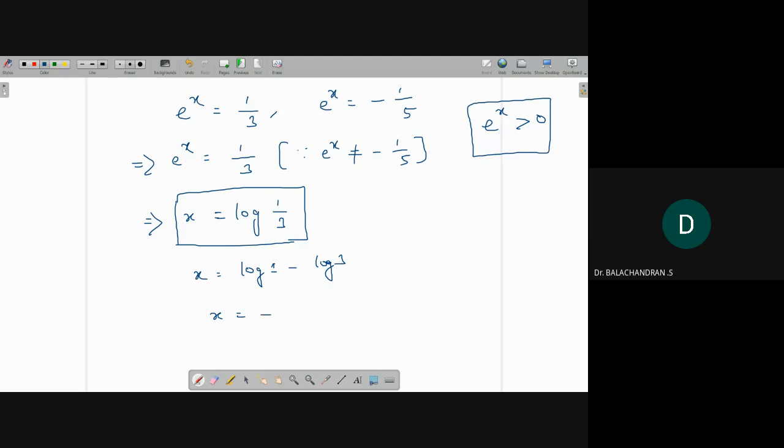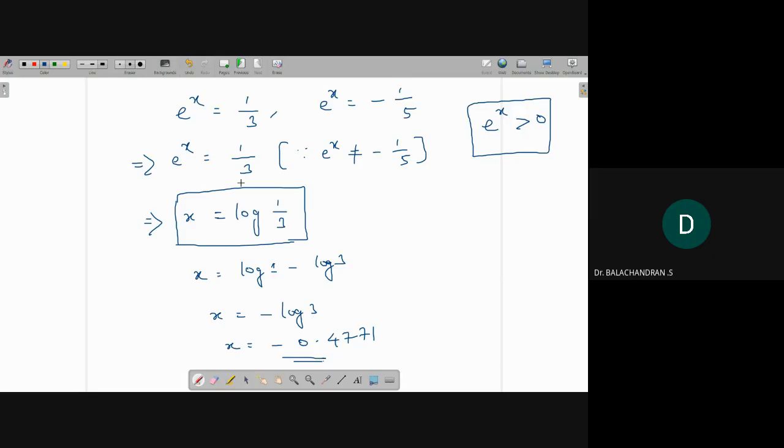Log 1 is 0, so minus log 3, minus 0.471. Thank you for your answer. Everybody please check it. If you got a different answer, you can let me know. I think this is correct.